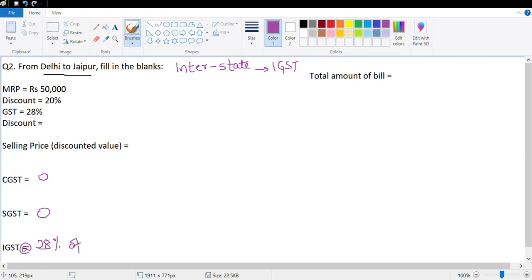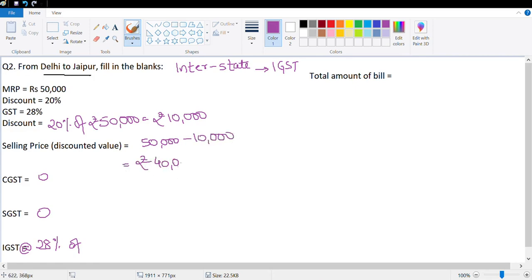Let's calculate. So discount is 20%. 20% of rupees 50,000 is 10,000 rupees. So the discount is 10,000 rupees. Selling price is equal to the MRP, which is 50,000, minus the discount 10,000, which is rupees 40,000.